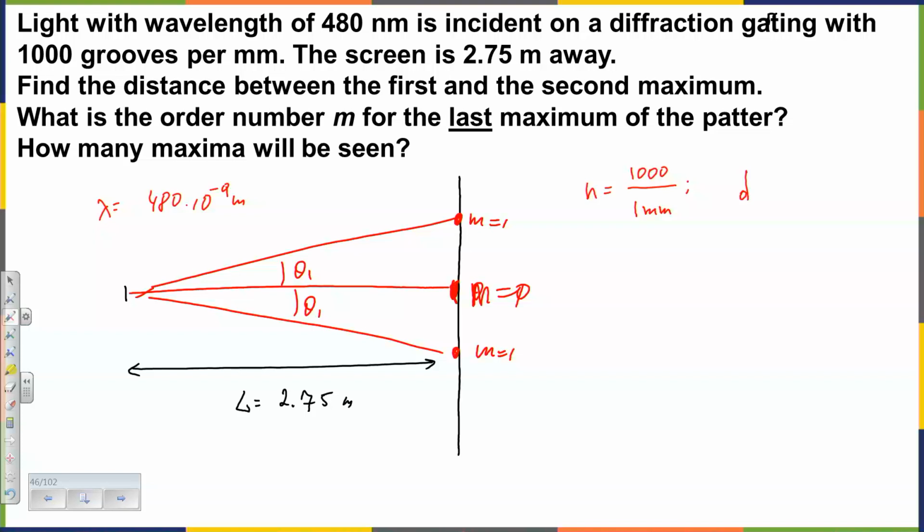Why? Well, because we want to use this equation, which describes the locations of each maximum. So what do we do?